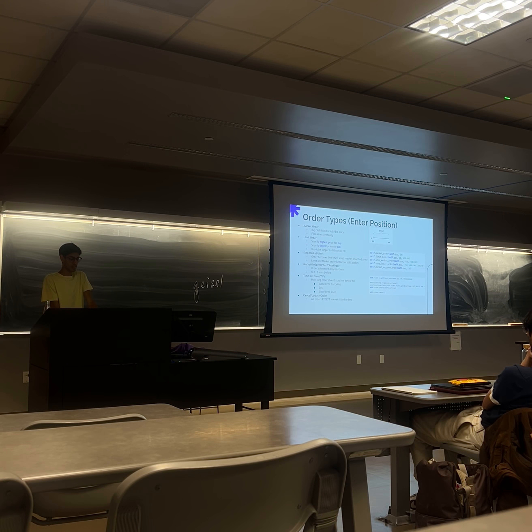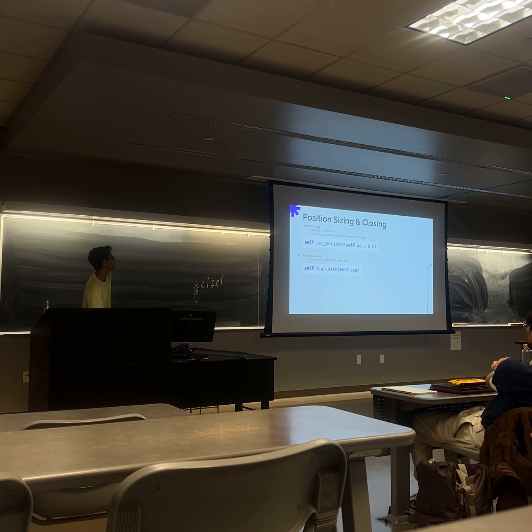Here I'm manually specifying the quantity and the price. If I don't want to do that calculation manually, which is fair enough, you can allocate a certain percentage of your portfolio. So let's say I want to allocate 50% of my portfolio to QQQ. Then I can just say set holdings 0.5.